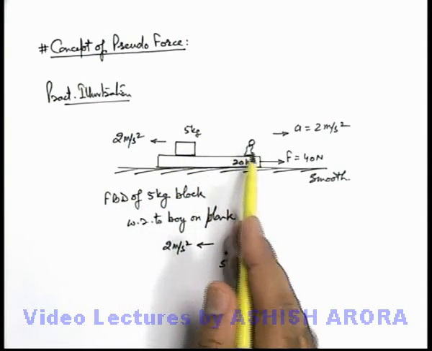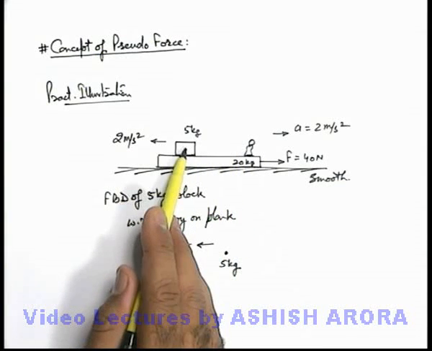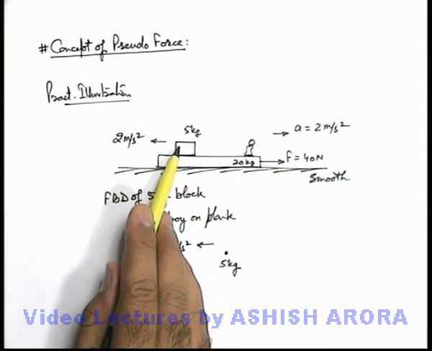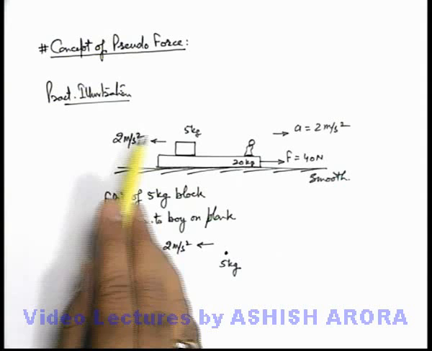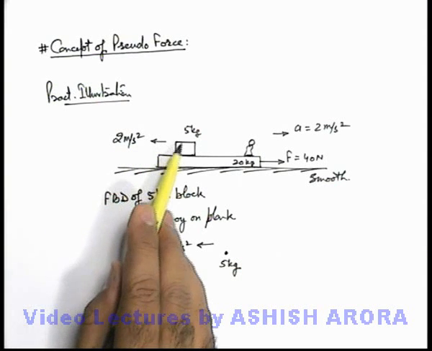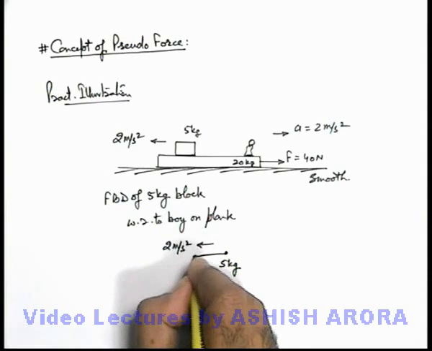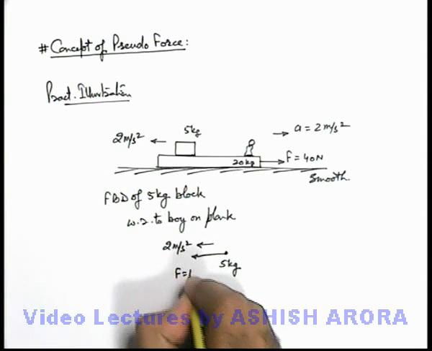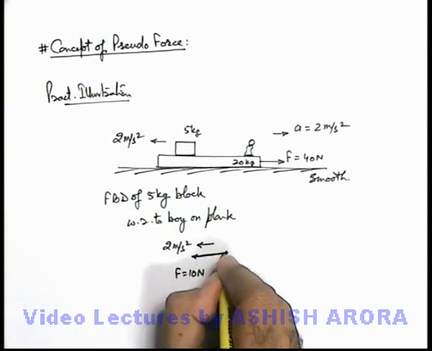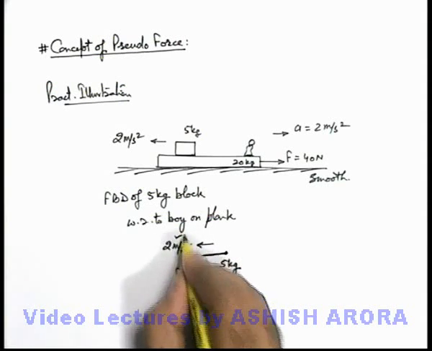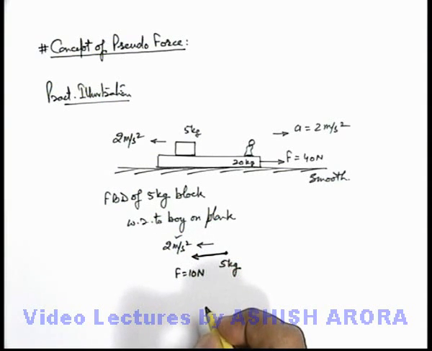So you can simply declare that it will be experiencing a force according to Newton's second law, that is mass into acceleration. Its mass is 5 kg and acceleration is 2 meters per second square. We'll say a force of 10 Newton is acting on this 5 kg block which is providing an acceleration of 2 meters per second square.